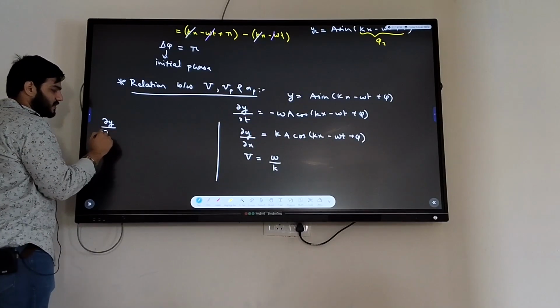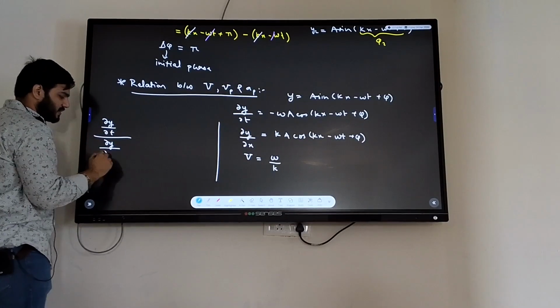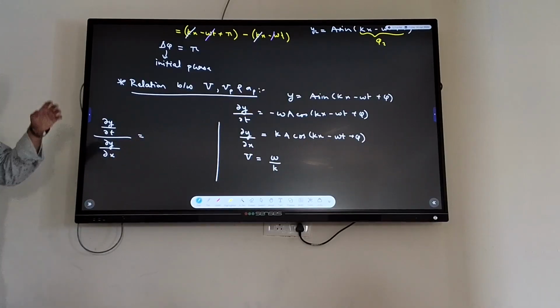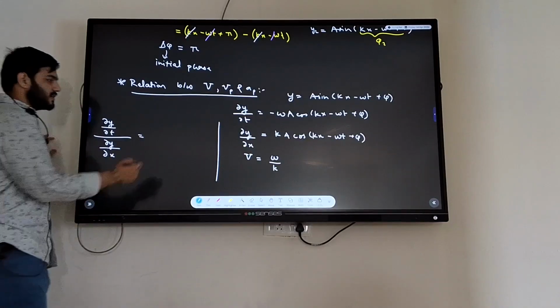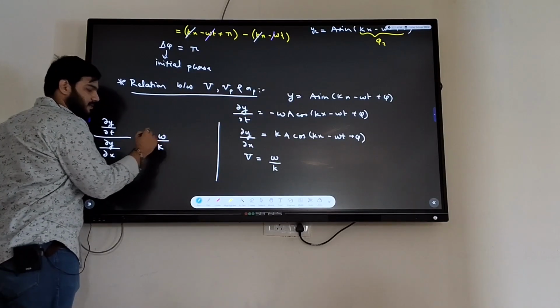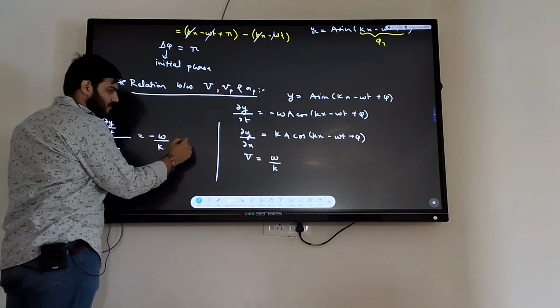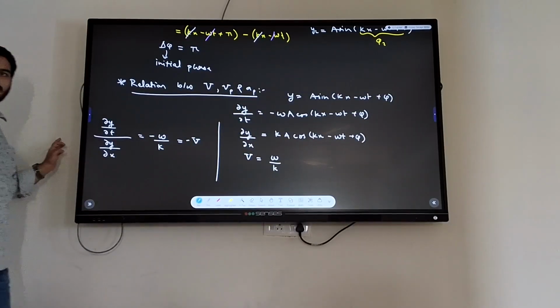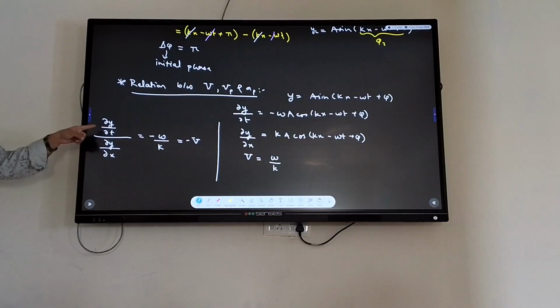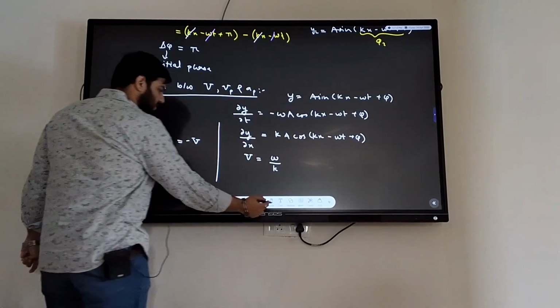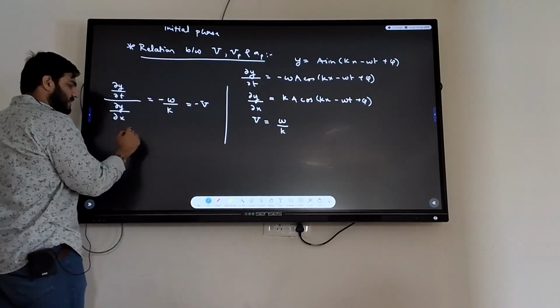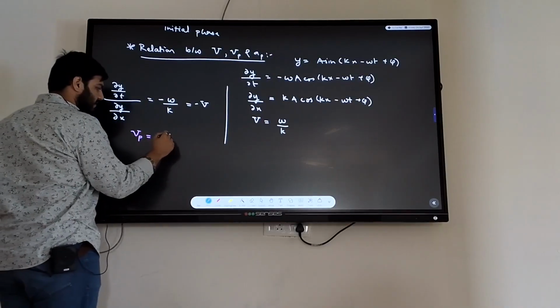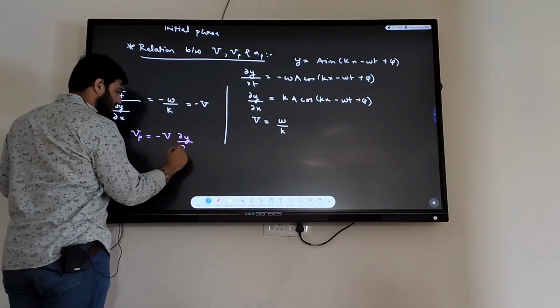The cos cancels, the a's cancel, and you get minus omega by k, which is minus v. But what is del y by del t? It is called the velocity of the particle. So you get a relation between Vp and V: Vp is minus V del y by del x.